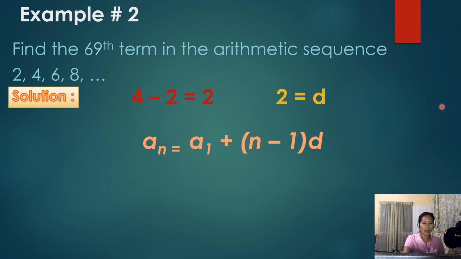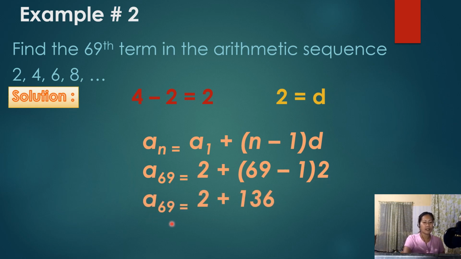The formula, a sub n equals a sub 1 plus the quantity n minus 1 times d. Then we substitute. Since we're looking for the 69th term, we have a sub 69 equals 2 plus the quantity 69 minus 1 times 2.